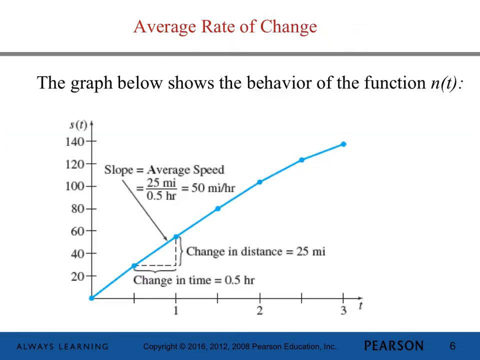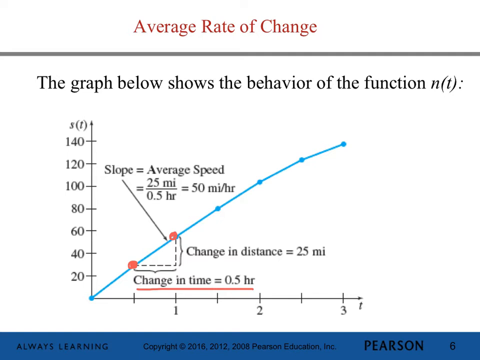So just to continue with our example, this is a graph of distance versus time for that same table that we looked at in the beginning. And what I'm trying to get connected for you is that at the end of, let's say, our first half hour, to the end of the first hour, we have had a change in time of a half an hour.